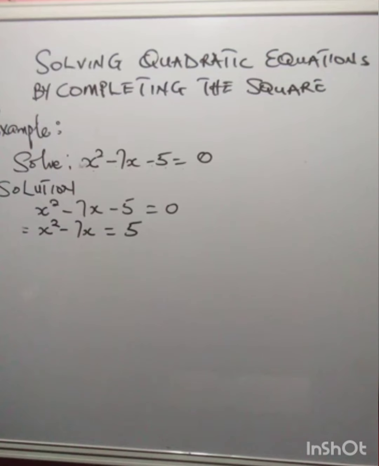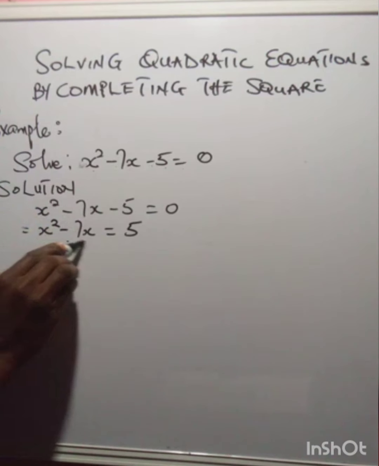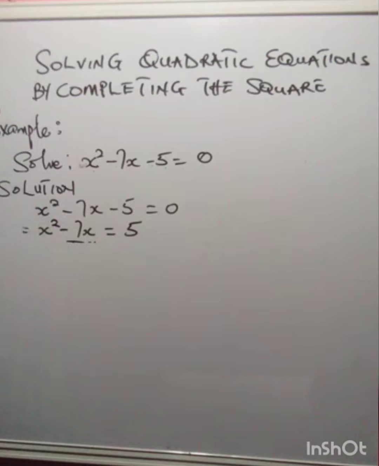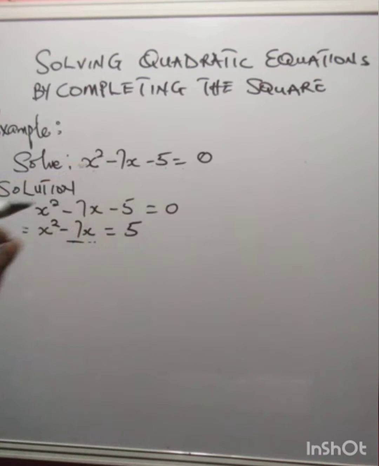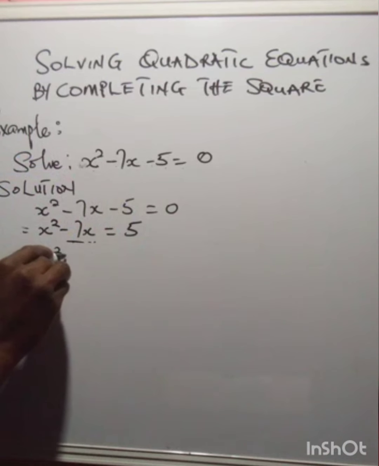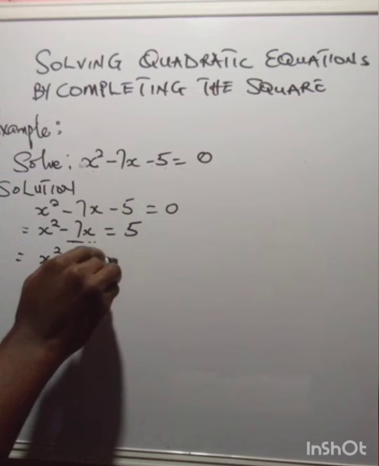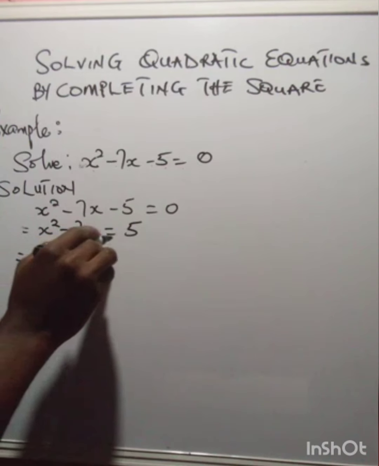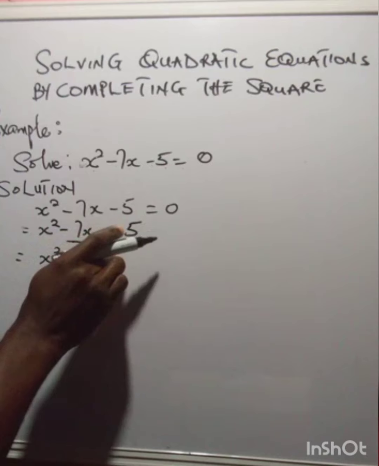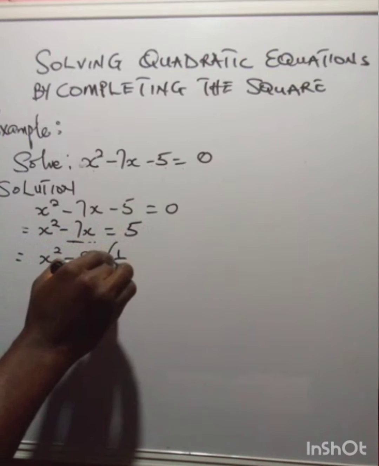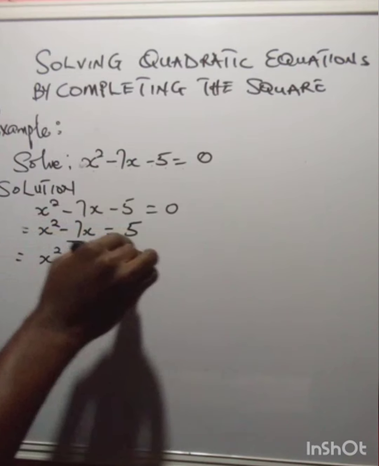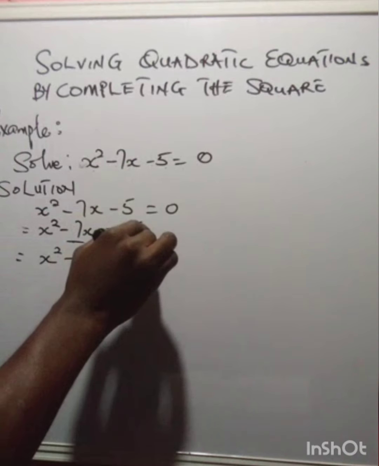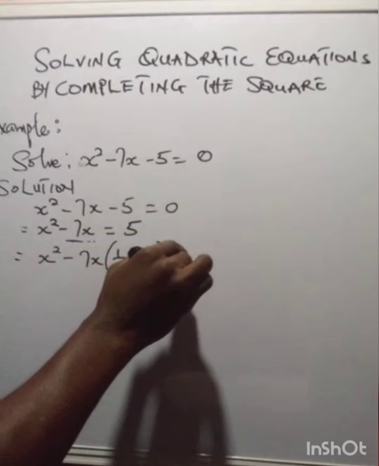The next thing we do, we half the middle term, we divide it by 2 and add its square to both sides. Add its square, that is x squared minus 7x in brackets, we half it, times minus 7, we square, equal to 5.